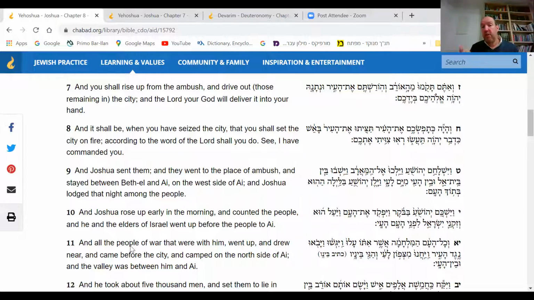They just conquered Jericho, close to the Jordan River, and they're moving westward. And now Joshua tells the ambush to locate itself west of the city. In other words, Joshua's coming from the east, but the ambush is going to circumvent the city and lie in wait and ambush from the west of it.